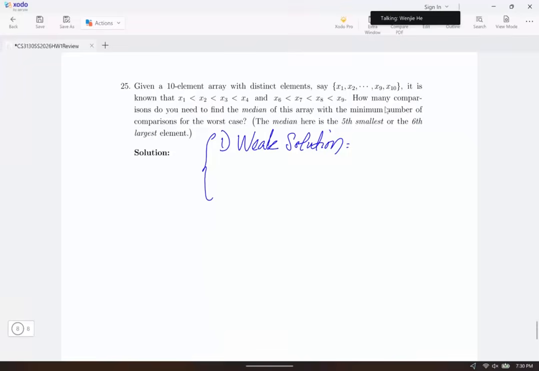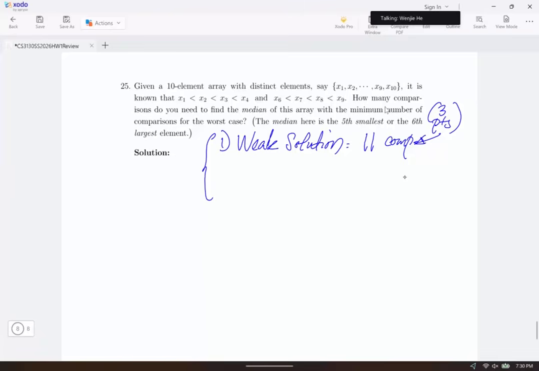So for this question, weak solution is 11 comparisons.